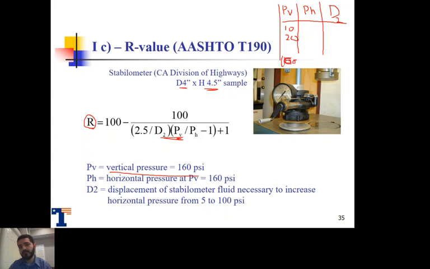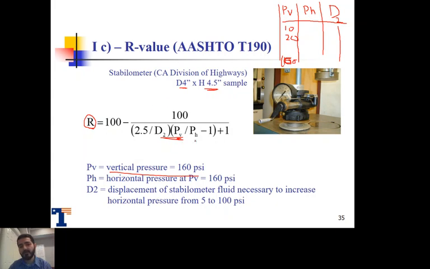So this is the PV. While we apply the vertical pressure, we measure the generated horizontal pressure. So this is going to be measured, and then also we have D2, the amount of displacement.